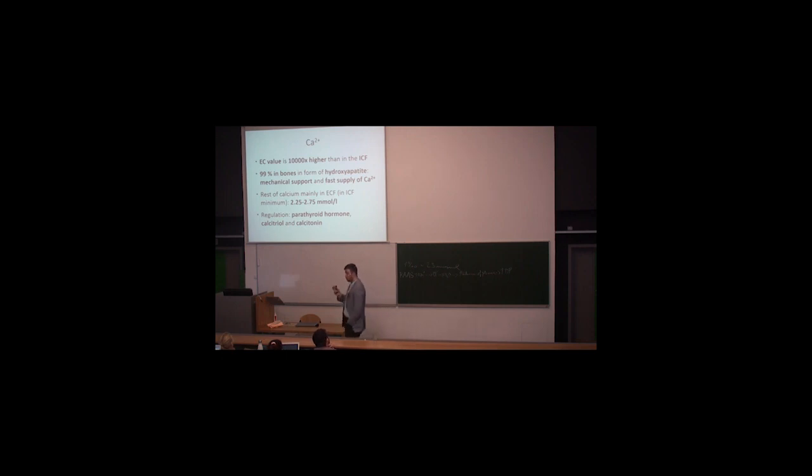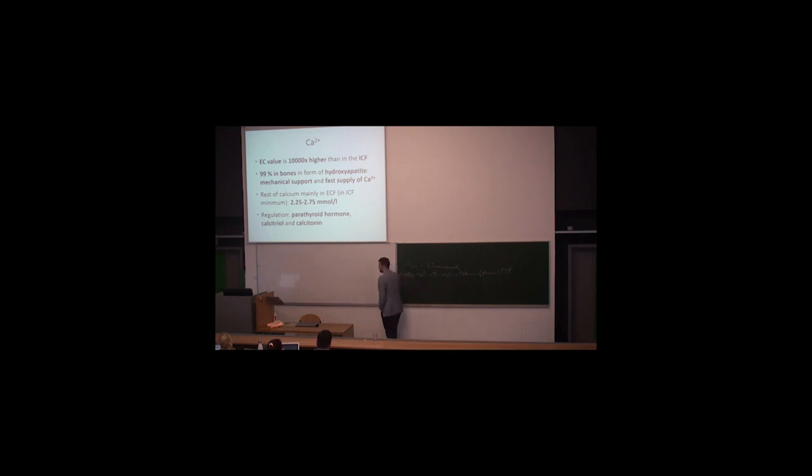And then there are two compartments that we speak about today. The big portion is in the extracellular fluid, where the concentration is 2.25 to 2.75. And inside the cell, as you know, the concentration is almost negligible. That means it's the opposite of potassium and magnesium.